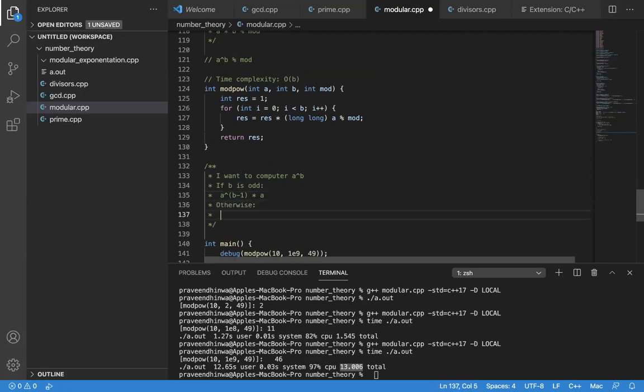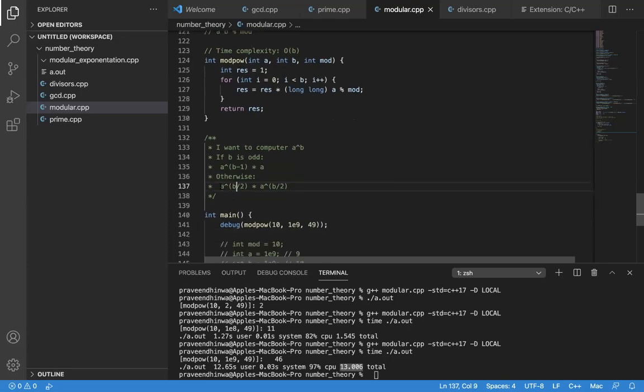Otherwise, I can write it as a power b by 2 times a power b by 2. Is this part fine?